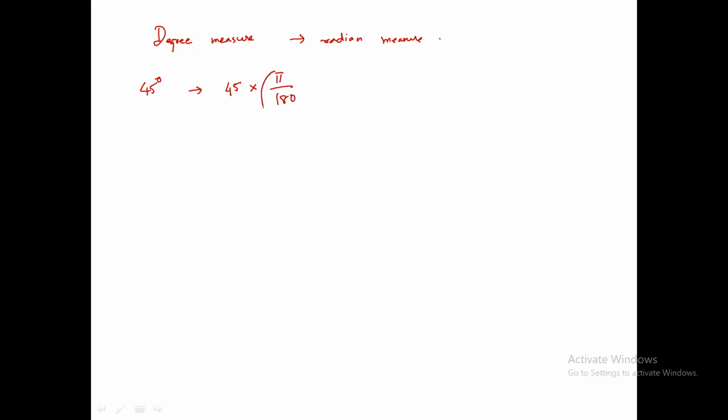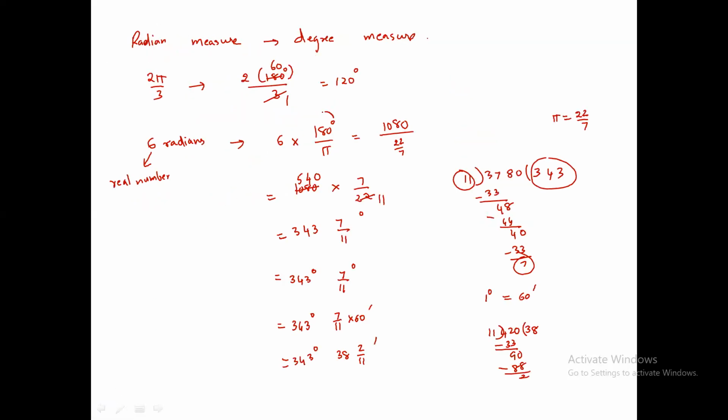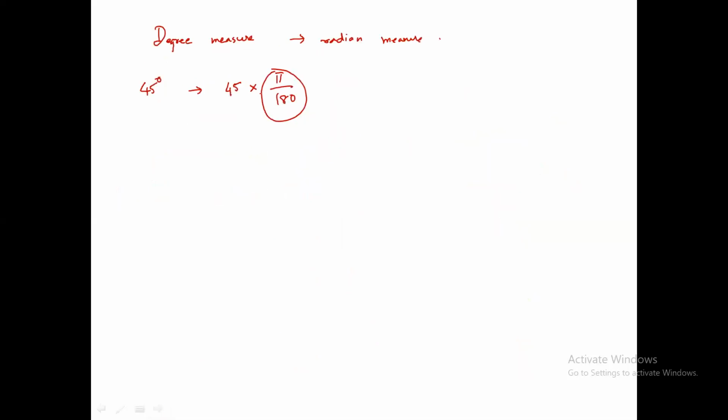Always pi by 180. Previously, what did I say? You have to multiply by 180 by pi to change radians to degrees. Okay, so now 5 nines, 5 threes 15, 5 6, 9 ones, 9 fours. So it is pi by 4.